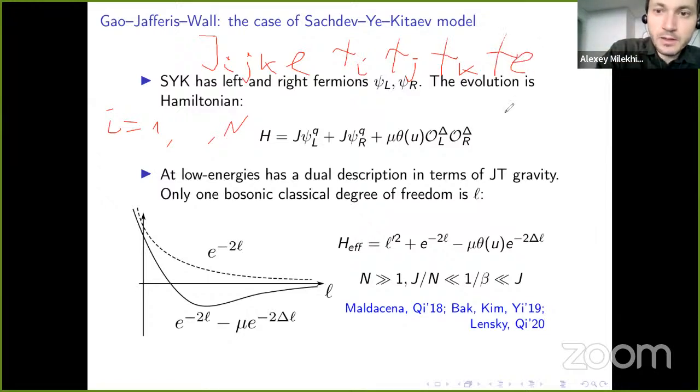J is a disorder with a certain Gaussian distribution.